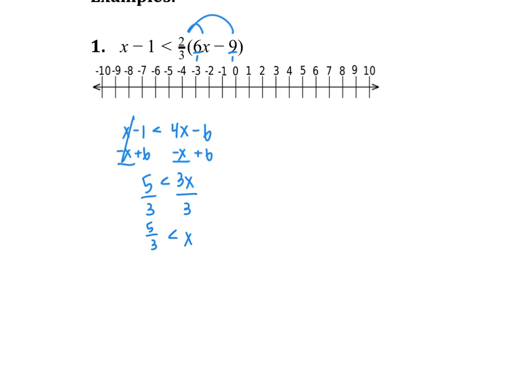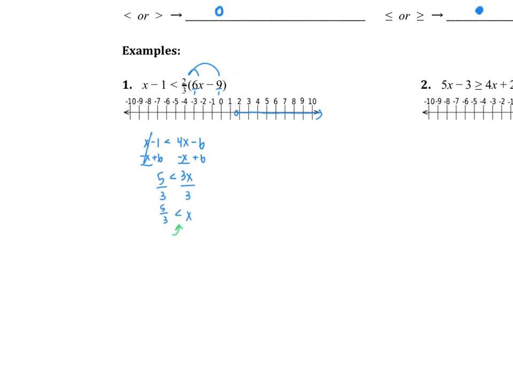I know that it is going to be graphed as an open circle because the sign right here doesn't have an equal to, and it's saying that x is greater than 5/3. So what that means is I'm going to draw a line going this way, that any value greater than 5/3 would satisfy the situation.